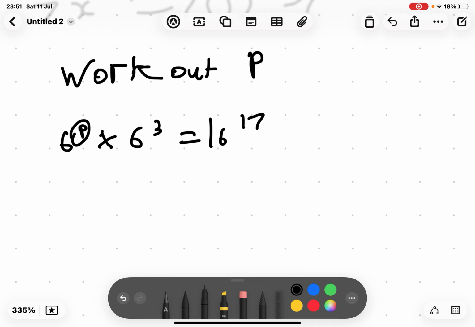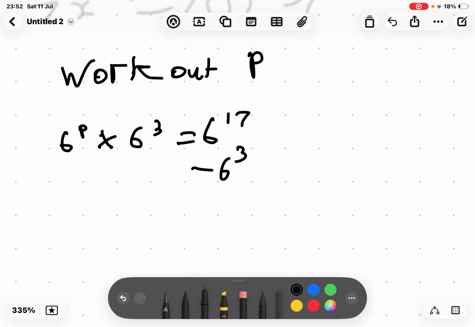We have to leave the p on its own, but we technically can't because we can't take away 6. Oh wait. Hold up. We can't take away 6, 3.